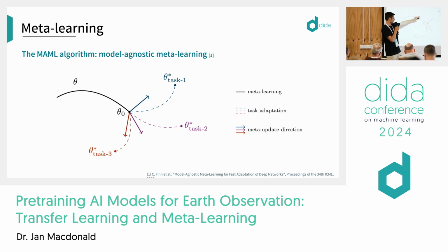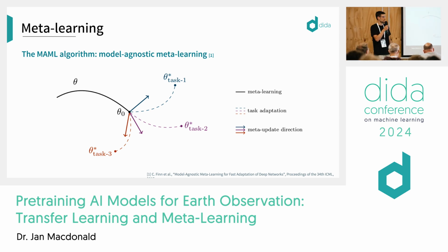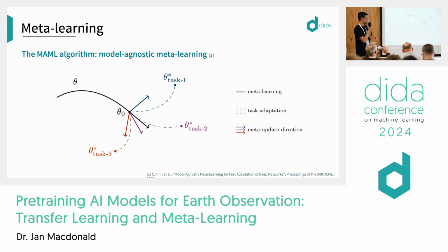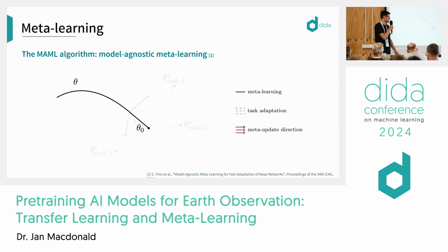So then we get multiple different directions where we should move our initial parameters. And then the MAML algorithm tells us we should just take the average of all those directions and move the initial parameters in a direction that works best for all tasks on average. Right. And then you keep repeating this, in the usual epoch-like learning.